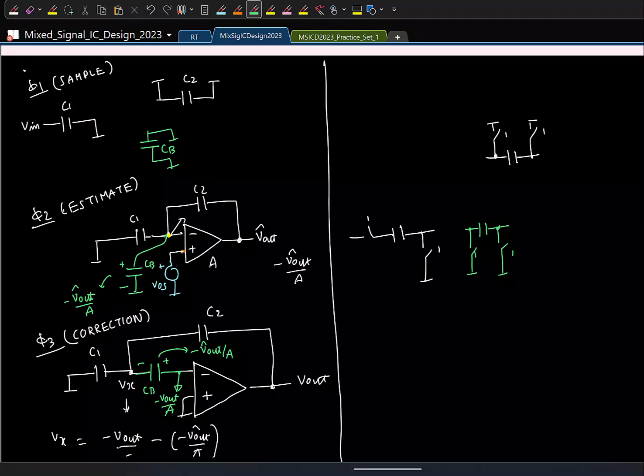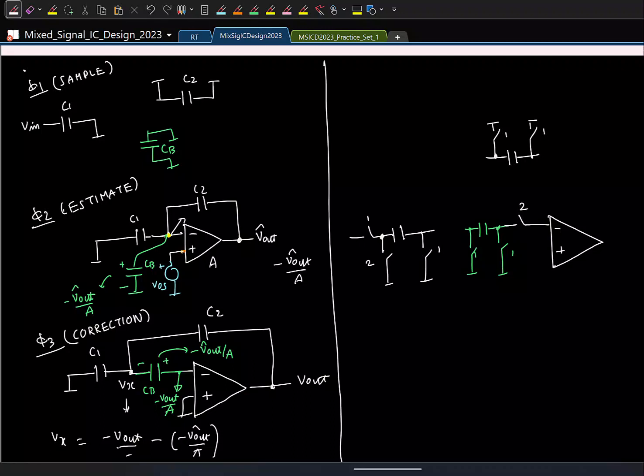In phase 2, what we are doing, we are connecting the left plate of C1 to ground. And the top plate of CB is connected to the inverting terminal of the op amp. So if the op amp is here, in phase phi 2, I'll connect it like this.